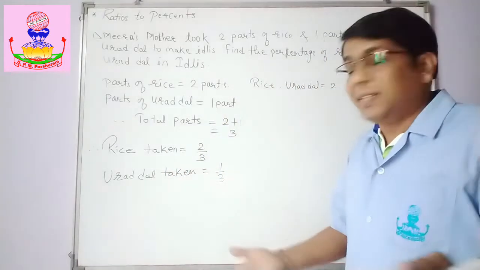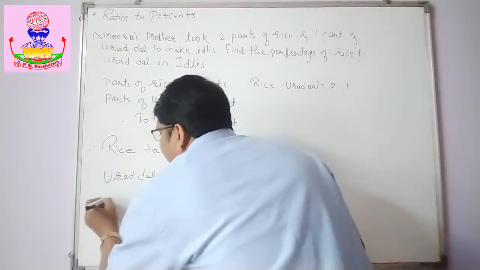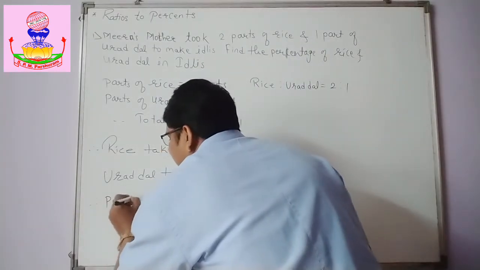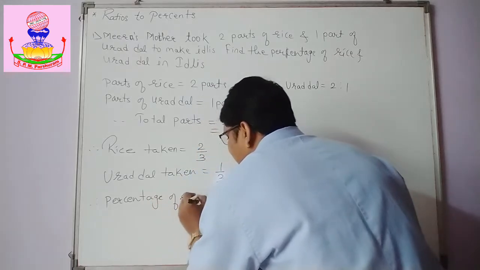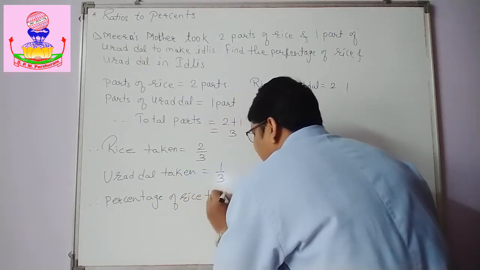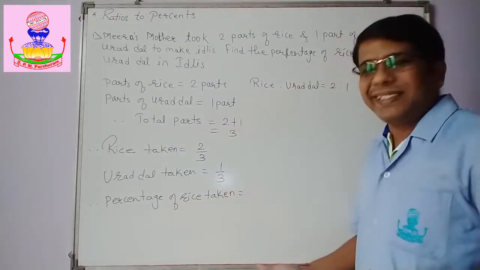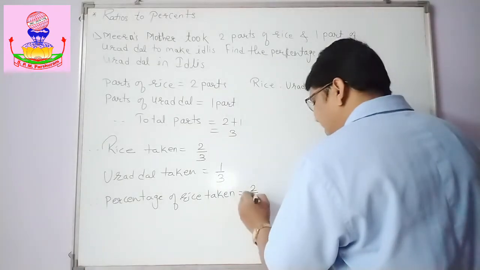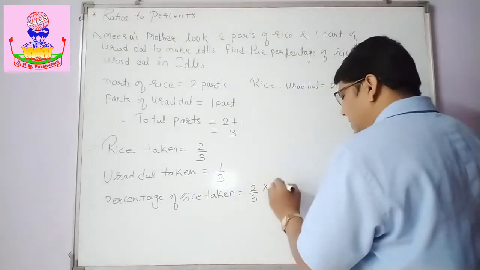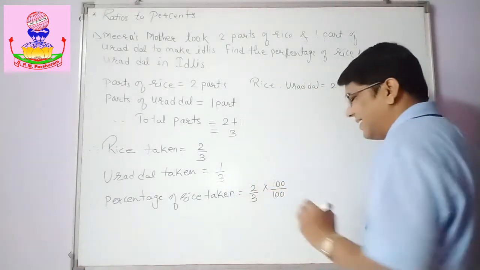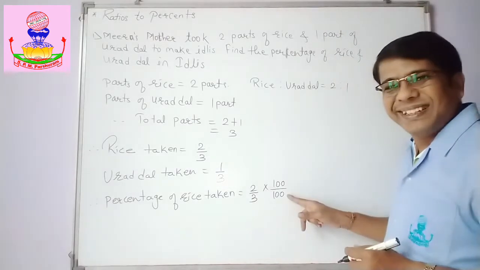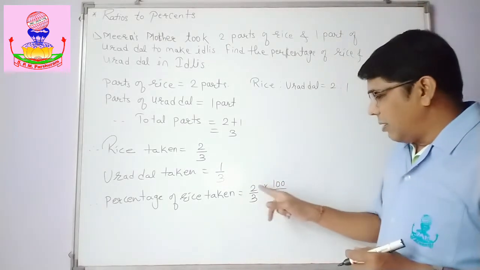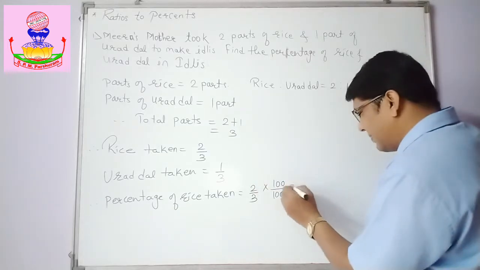So let's calculate the percentage. Therefore, percentage of rice taken. So what will you do? Simple thing, 2 upon 3 into 100 upon 100. I believe you know that, right? Now, this is percent. So, 100 into 2, so 200.